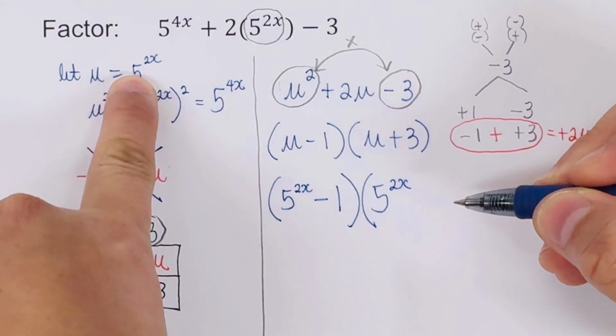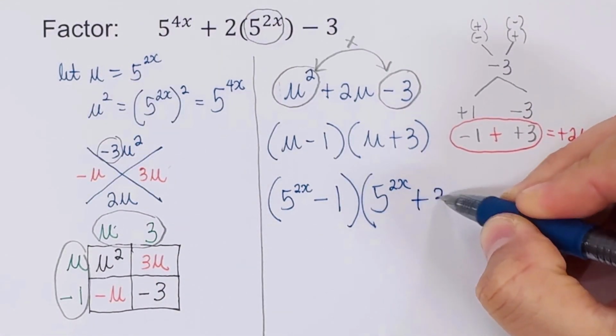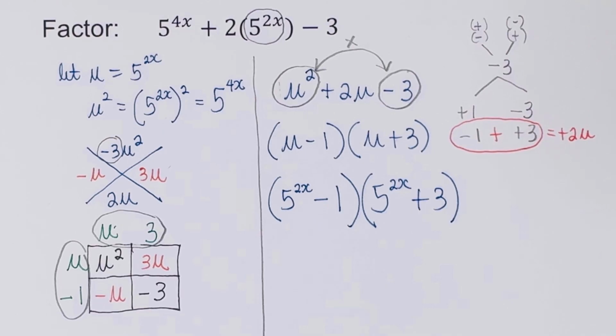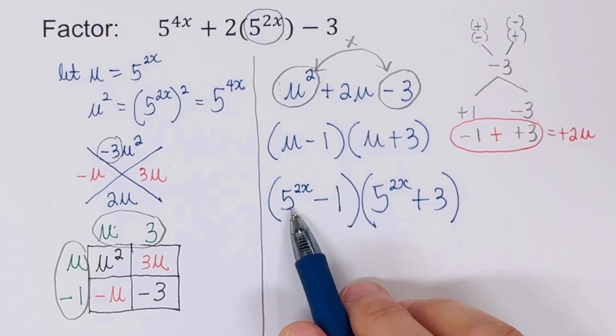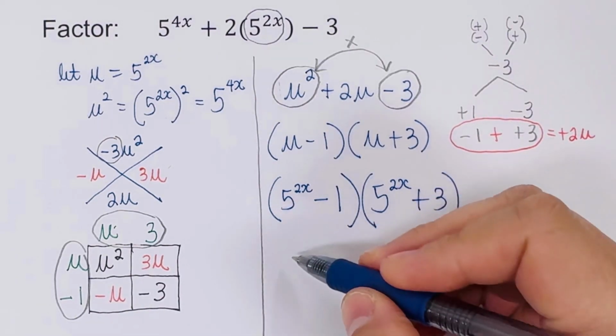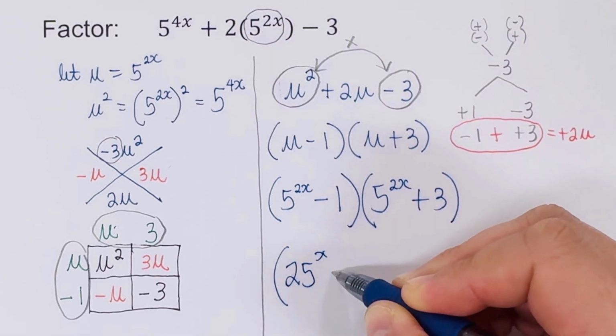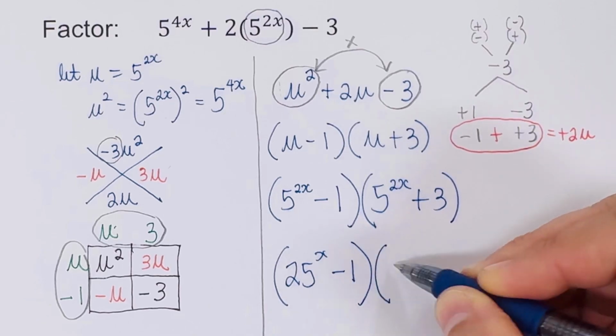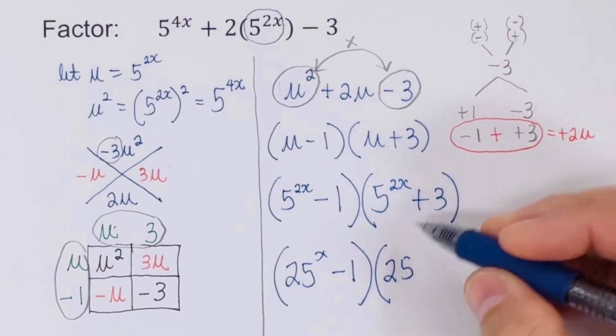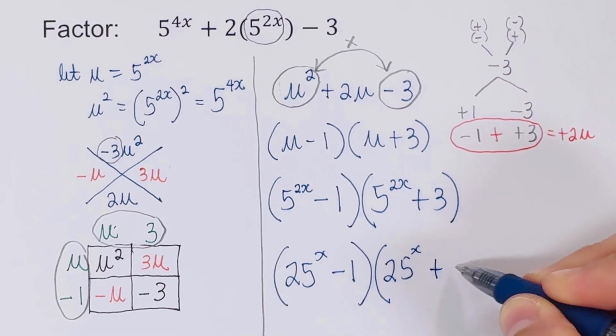I got that again from here. And then we get a plus 3. And we can simplify this further since 5 squared is 25. So this can also be written as 25 to the power x minus 1, times 25 to the power x plus 3.